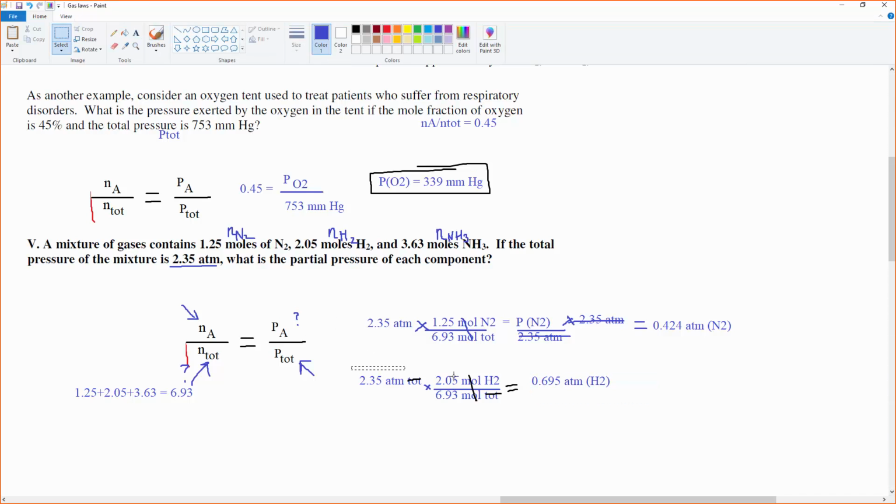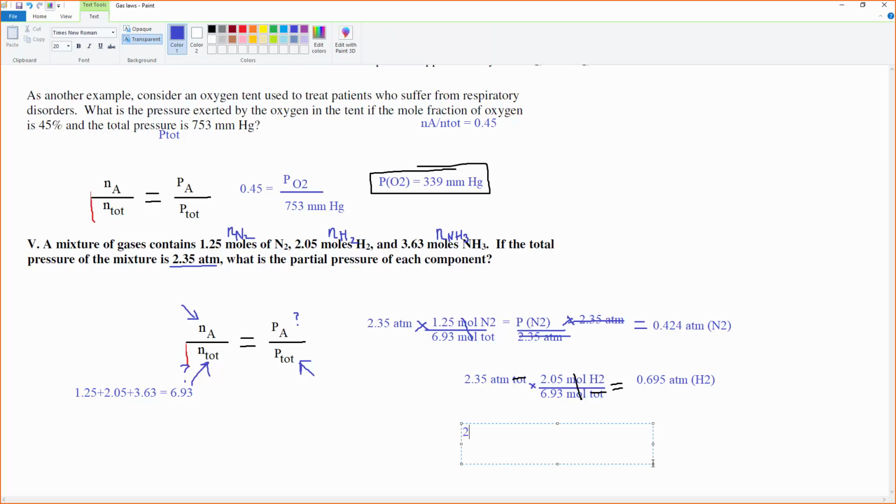Perfect. So then how are we going to solve this for the NH3? Same thing. I'm just going to use the 3.63 moles of NH3 in there. So again, it's going to be 2.35 atmospheres tote multiplied by 3.63 moles of NH3 divided by 6.93 moles tote.